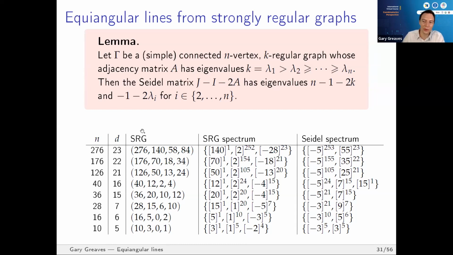This actually corresponds to a strongly regular graph on 276 vertices. The strongly regular graph spectrum looks like this. We get a 23 here, we get 2 to the 252, and we also get 140. When we do this transformation, J minus I minus 2A, these two eigenvalues, 140 and 2, get mapped to minus 5.